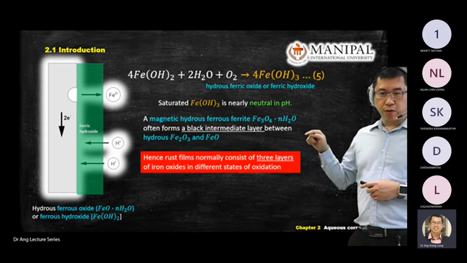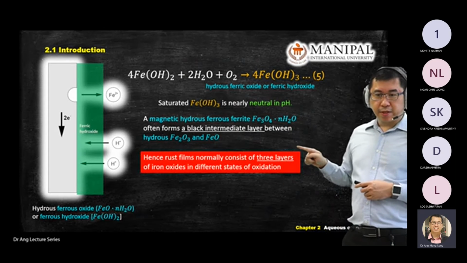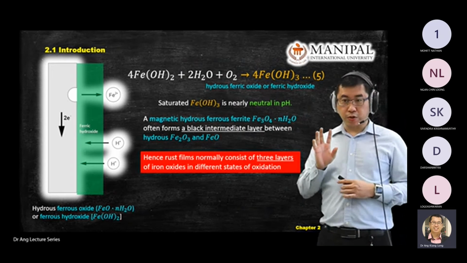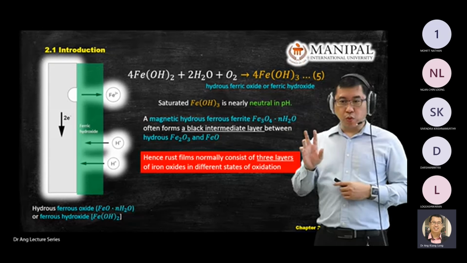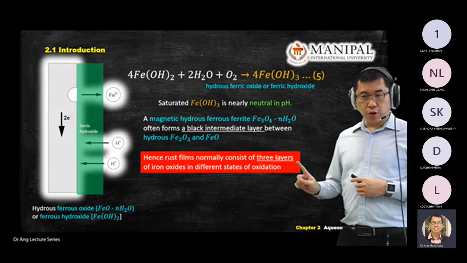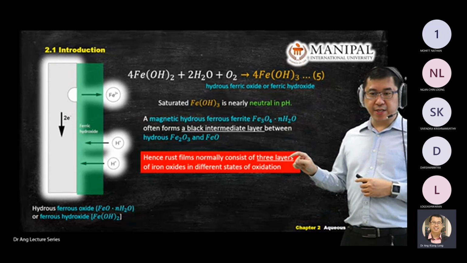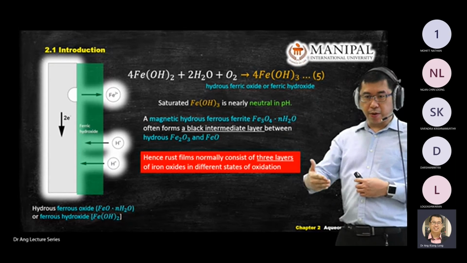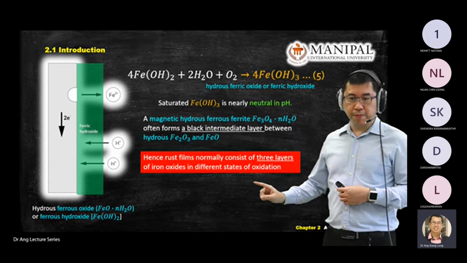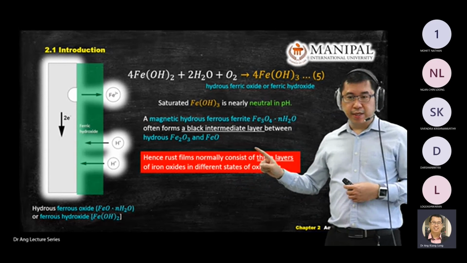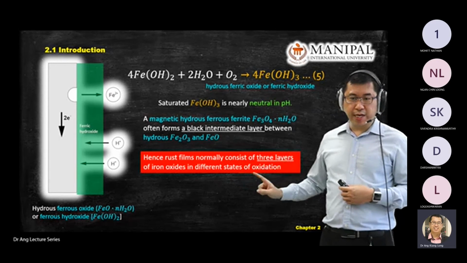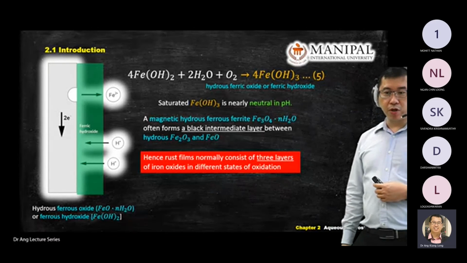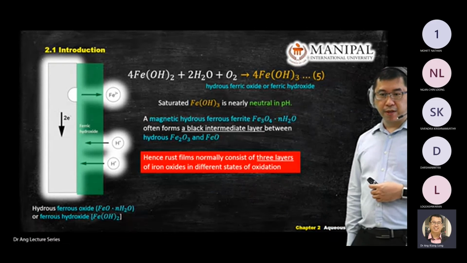Okay, so by looking at this statement, at a corrosion site with metals, water, and oxygen, normally you can find 3 layers. If you cut the corroded layer sideways and put it under a microscope, you can see that you have 3 layers of iron oxide in different sheets when an oxidation process happens.